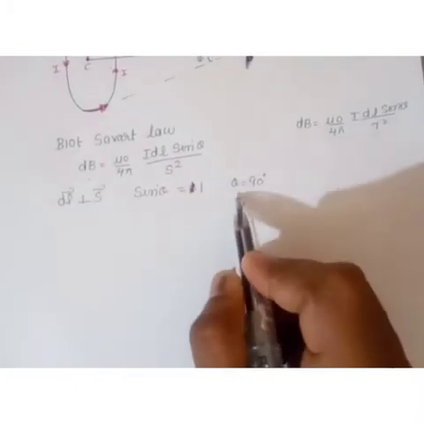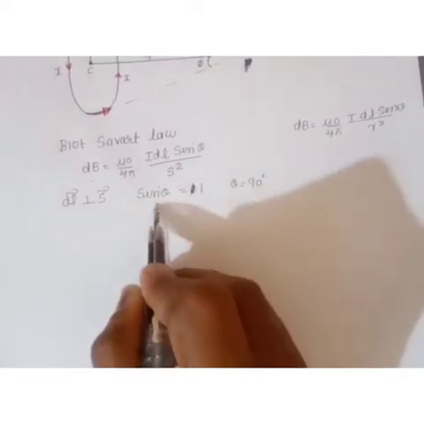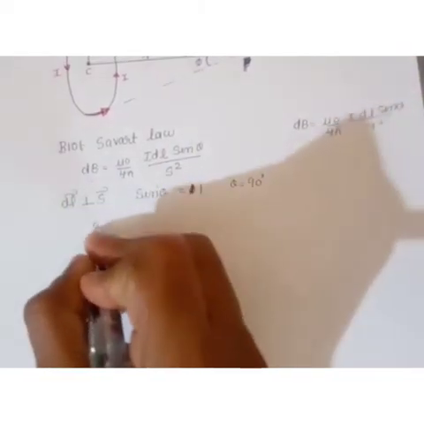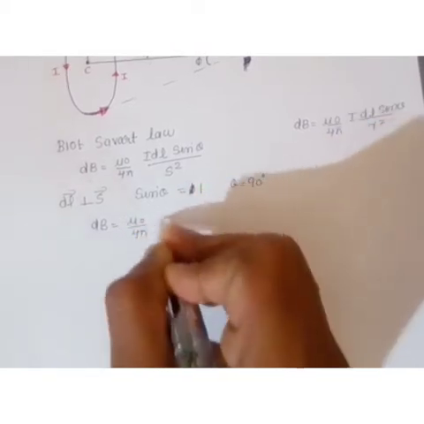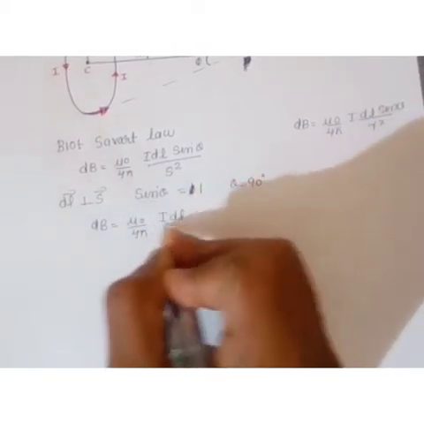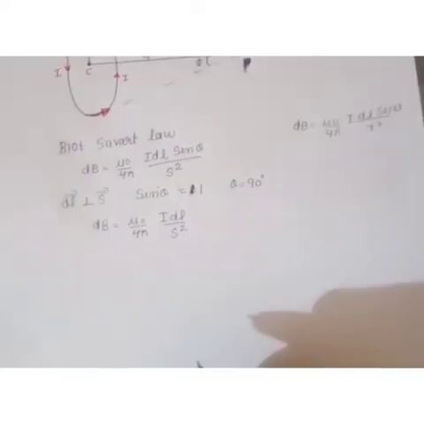So theta is equal to 90 degrees, and sin theta is equal to 1. So dB is equal to mu 0 by 4 pi I dl divided by s square.